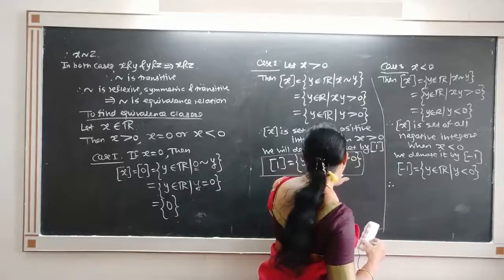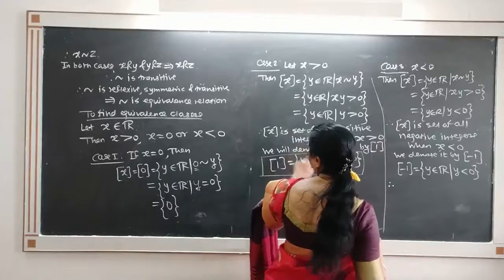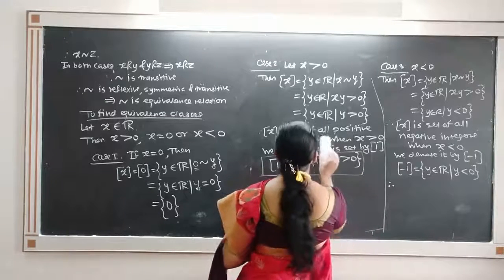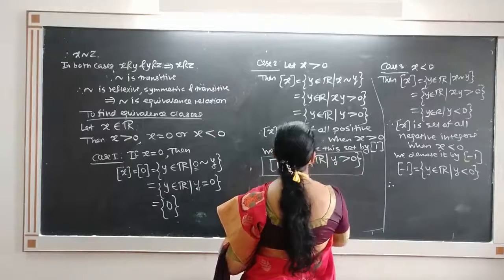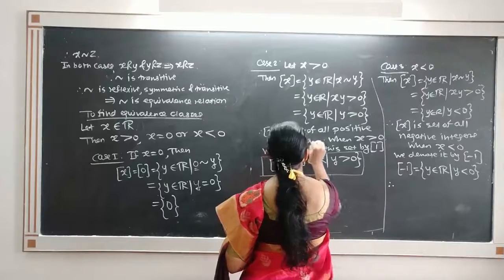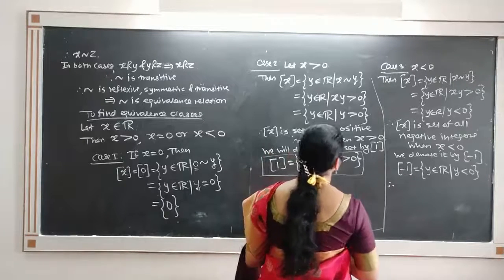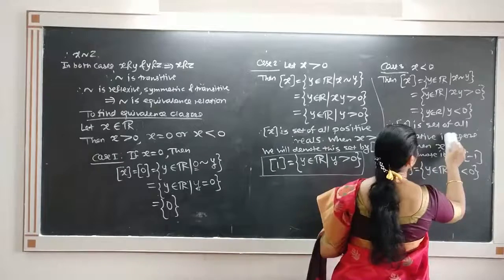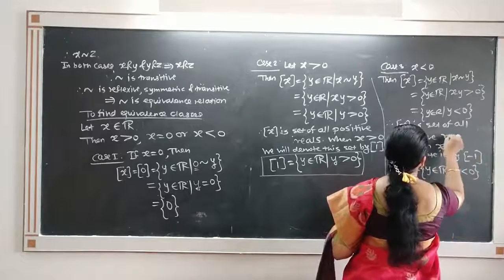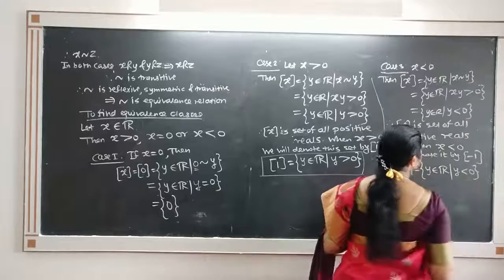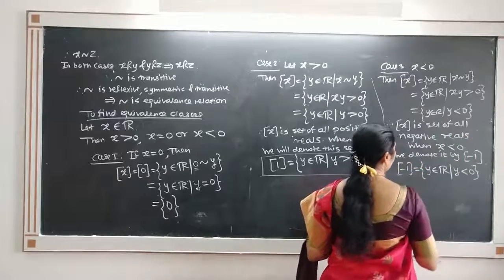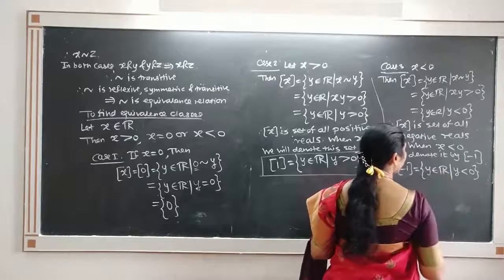So see what will happen. Because we are considering real numbers, we will say all positive reals when x is greater than 0. Similarly, this is set of all negative reals when x is less than 0. So we denote it by -1, y belonging to R so that y is less than 0.